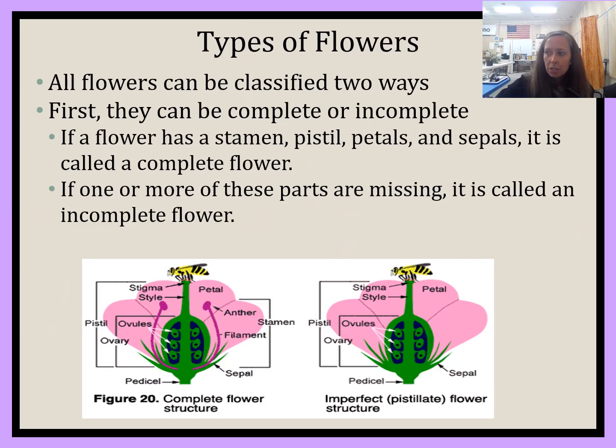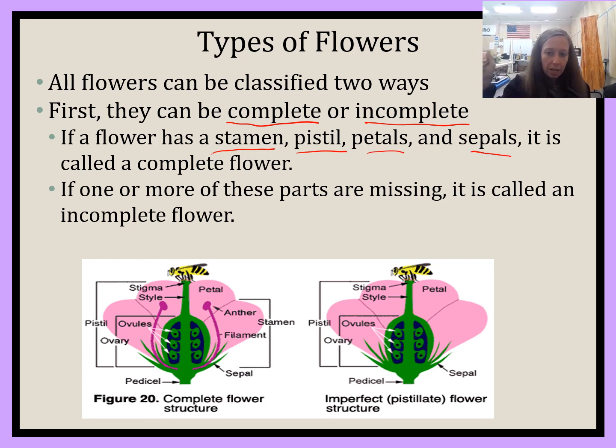Types of flowers. Flowers can be categorized by two specific types, actually four, but two specific types. They're going to be either complete or incomplete. Like the wording, a complete flower is going to have everything that it needs. So it's going to have a stamen, the male parts, a pistil, the female parts, and petals and sepals.